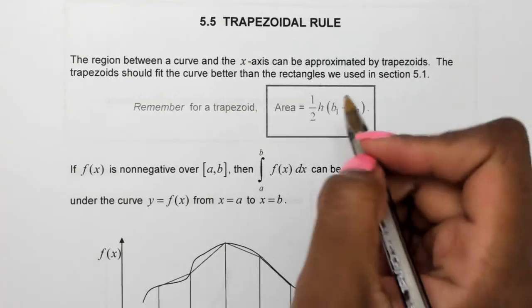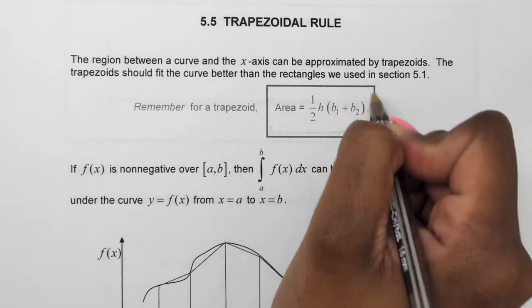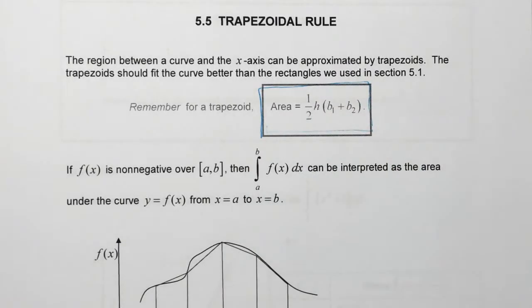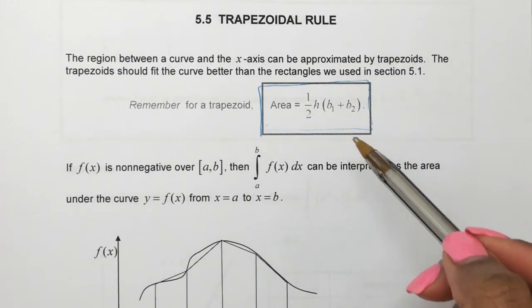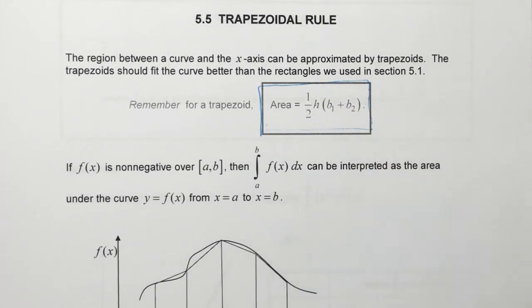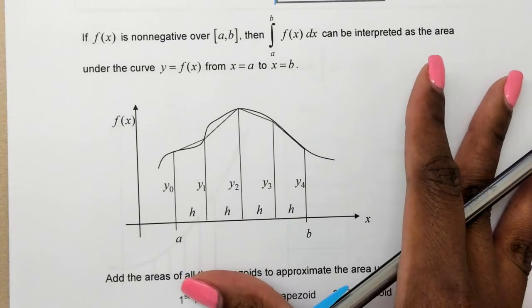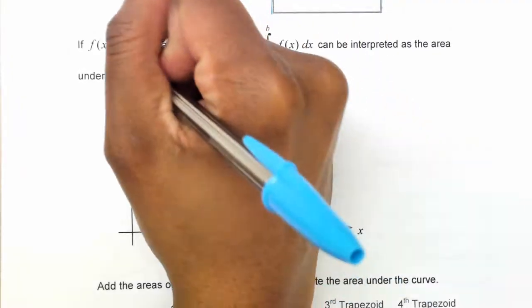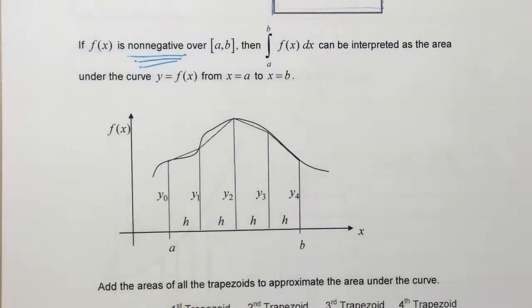In order to do this, we need to remember that the area of a trapezoid is 1/2 h times b1 plus b2. So if f of x is non-negative over the interval from a to b, then the integral from a to b of f of x dx can be interpreted as the area under the curve.